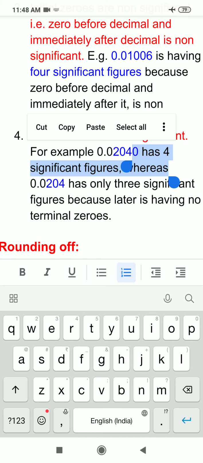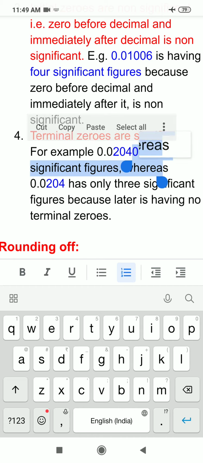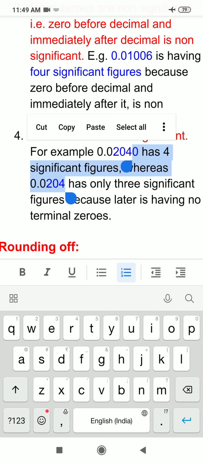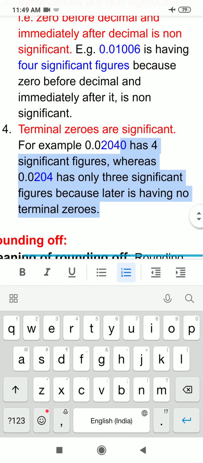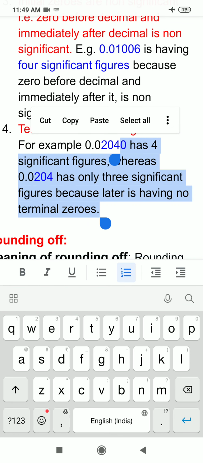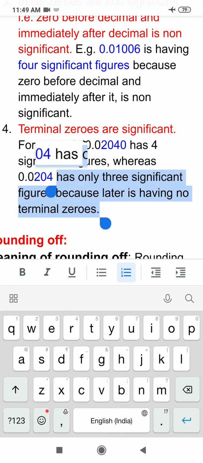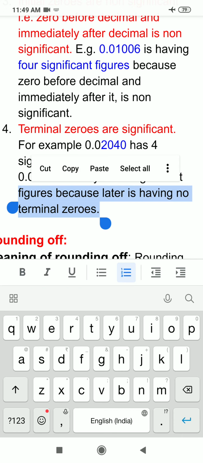So I can say that this will be having 4 significant figures. Now taking another example, if I am having 0.0204, so in this case there is no terminal 0 on the right side. So, and first two initial zeros are non-significant. So I can say that this will be having only 3 significant figures because no terminal zeros are there.